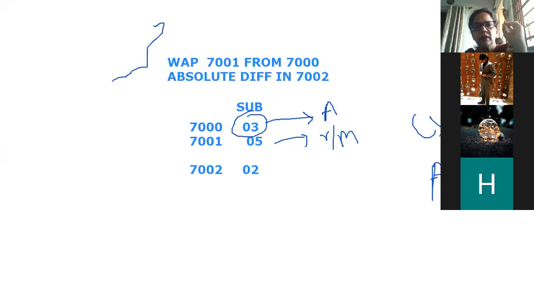Again, I am telling there are different methods actually. The first method is this number and this number you compare. Whichever is bigger, you bring it in the accumulator, and whichever is smaller, you take it in the register and then subtract it and then store the answer. This logic is clear?